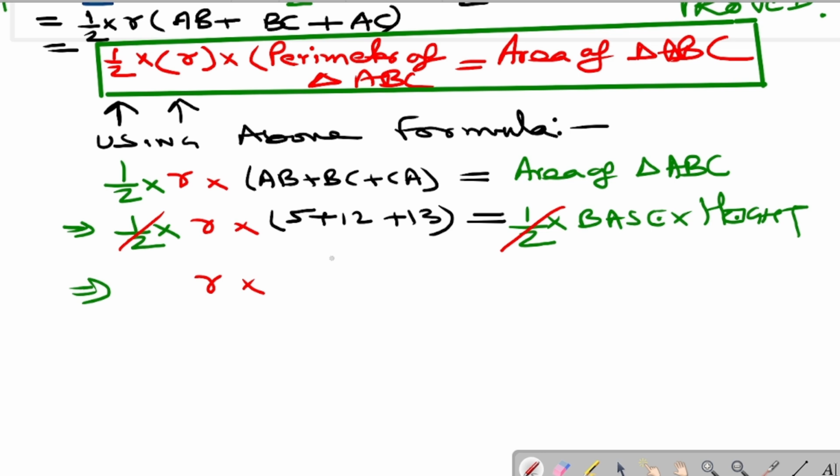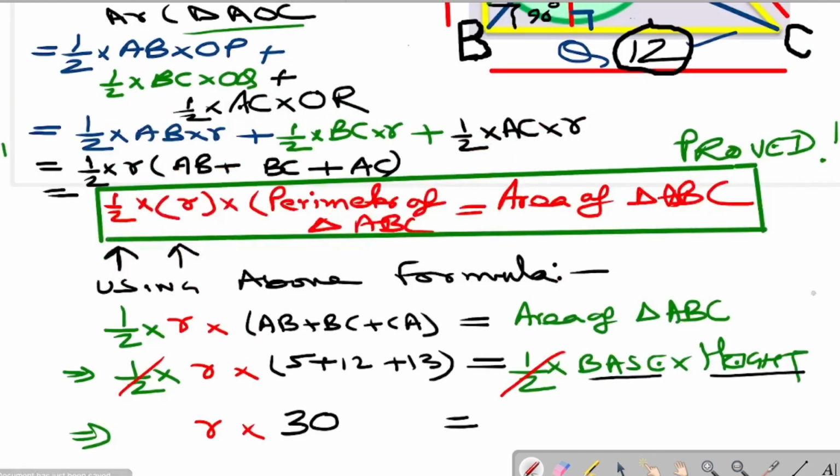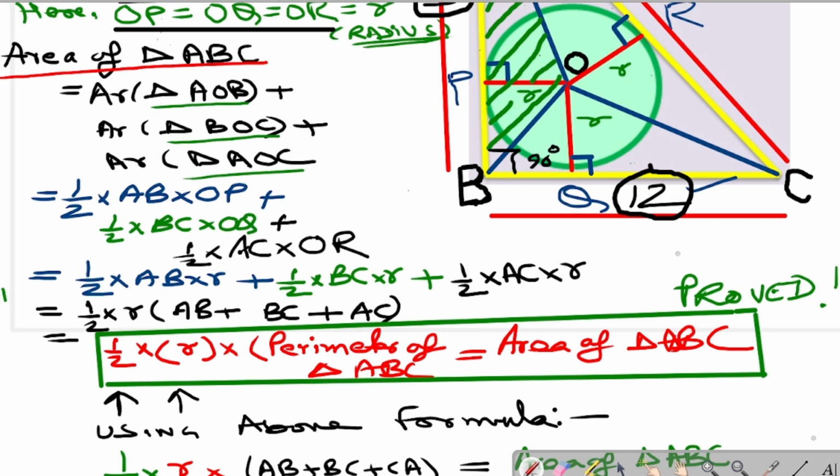So half and half will be cancelled out. So in the LHS, R into 5 plus 12 plus 13, that is 12 plus 5, 17 plus 13, that is 30. So R into 30 is equal to base into height. Base into height of the bigger triangle, right?